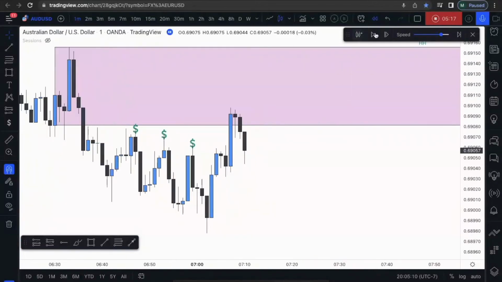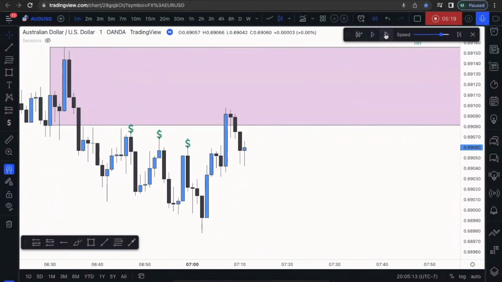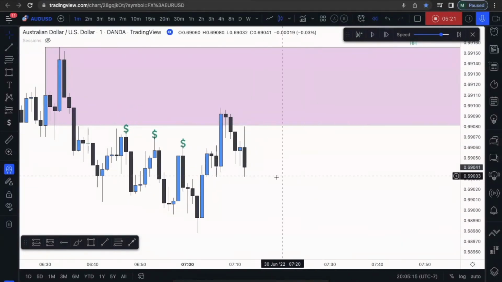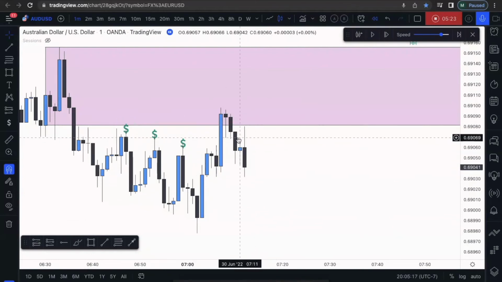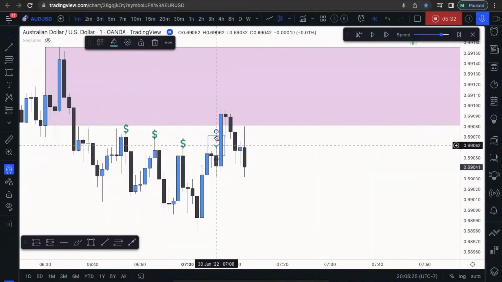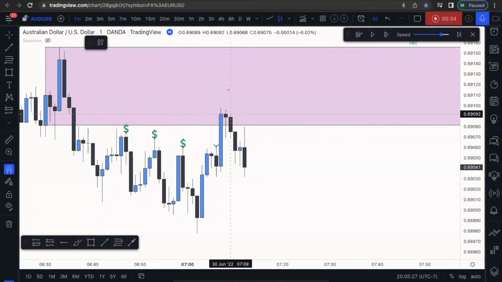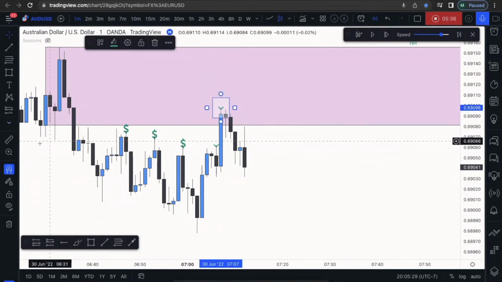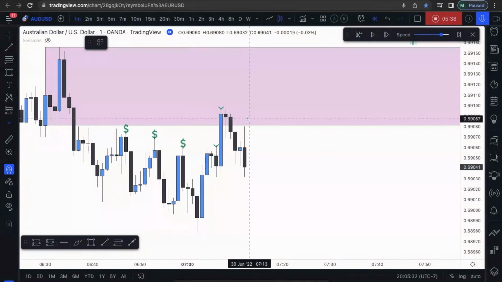Okay, so I was looking for some sort of a reversal here, and okay, this was my first sign, because not only did I get bearish, bullish, bearish continuation pattern, but I also got left shoulder, head, and a right shoulder.